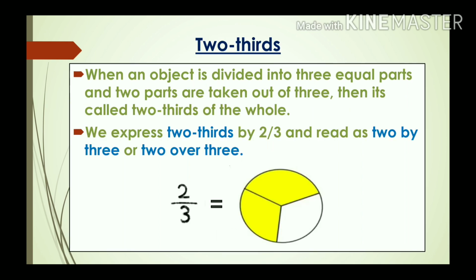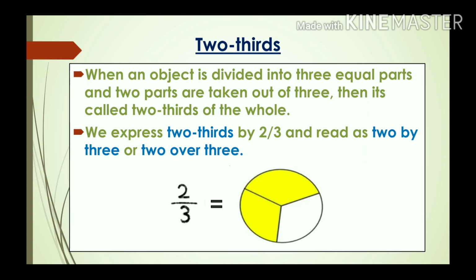Now next one is 2/3. So what is 2/3? When an object is divided into three equal parts and two parts are taken out of three, then it's called 2/3 of the whole. Students, we can express 2/3 by 2 by 3 and read as 2 by 3 or 2 over 3.